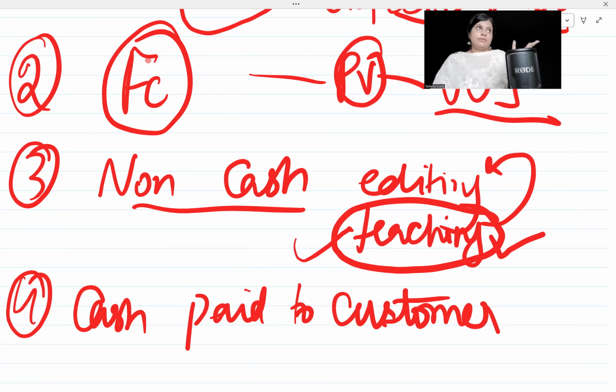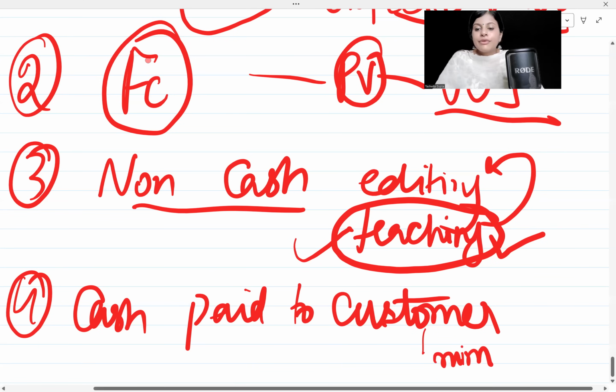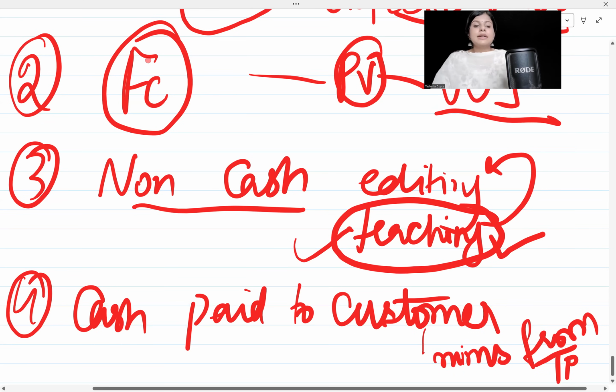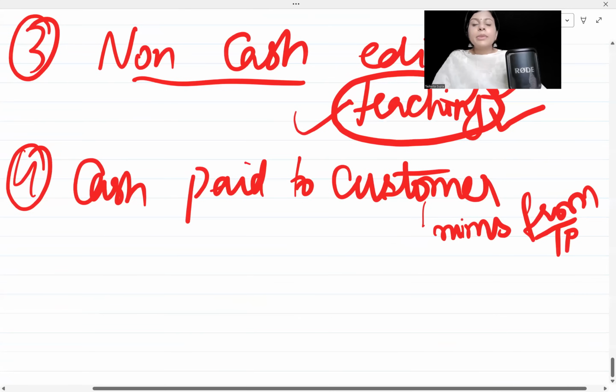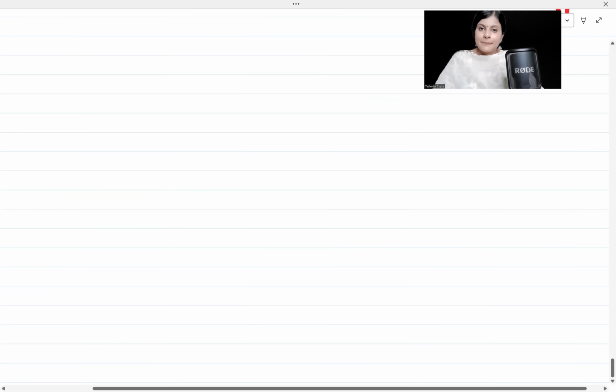That will be a huge thing when you buy the jewelry. So for you as a jewelry shop owner, it's okay if you bear his travel cost. So you give that cash to the customer. Now that acts as a subtraction, a minus from the transaction price. Okay, so this is what is there in our step number 3, determination of transaction price.